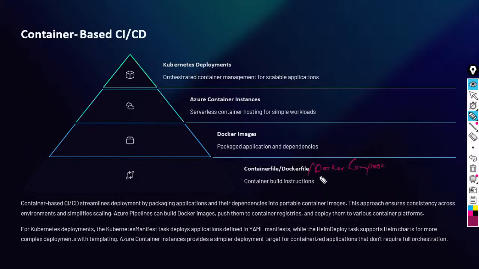Docker compose is a utility or a tool coming from Docker. The container build instructions you put into that file, Docker compose or Docker file. It will build your image and put it into the container. So the packaged applications and dependencies, you build the Docker images out of the Docker compose or Docker file.